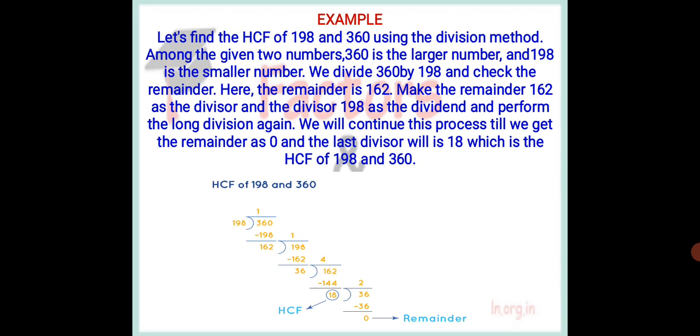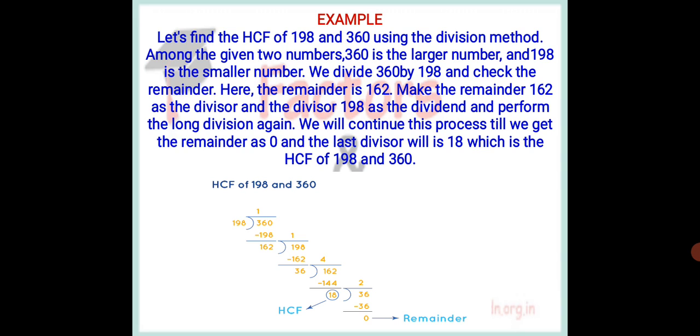In the third level, we get 36 as remainder and consider this 36 as divisor and the previous level divisor, that is 162, as dividend. Now 36 into 4, 144. It works 4 times. Now subtract 144 from 162, resultant 18.